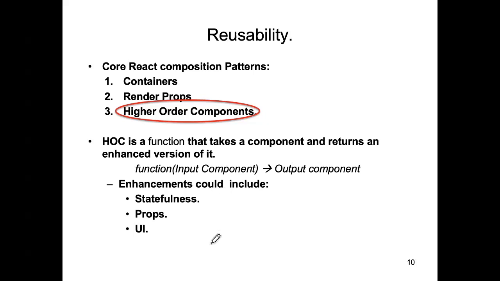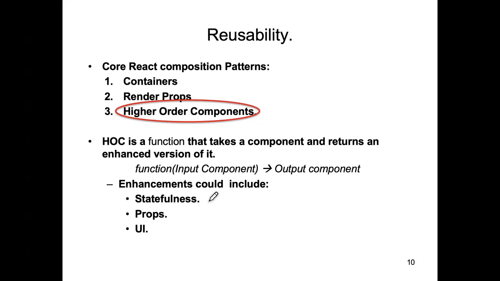And I'm documenting down here what I mean by possible enhancements. It may take the input component and add some state to it, or it may provide some additional props to the input component. Thirdly, it may change the input component's UI. By change, I mean it would add something to it.